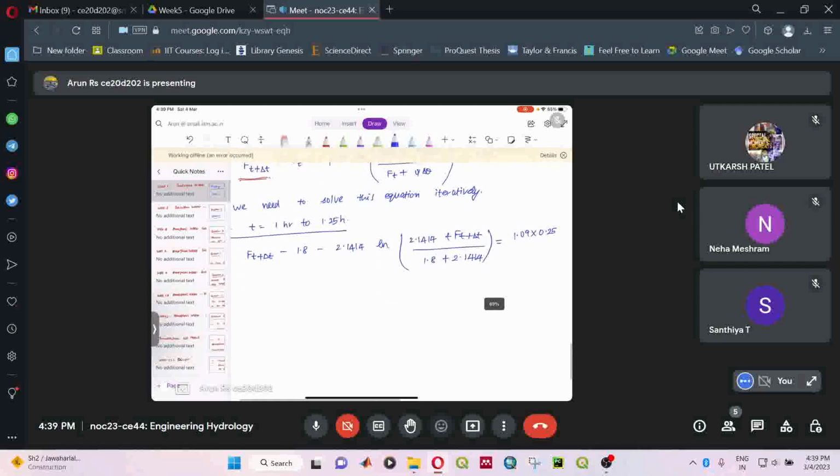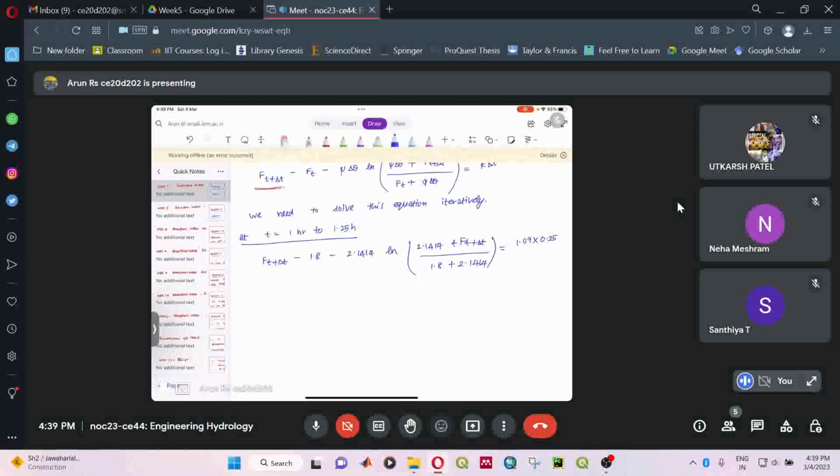So we are going to compute the cumulative infiltration depth in this interval.